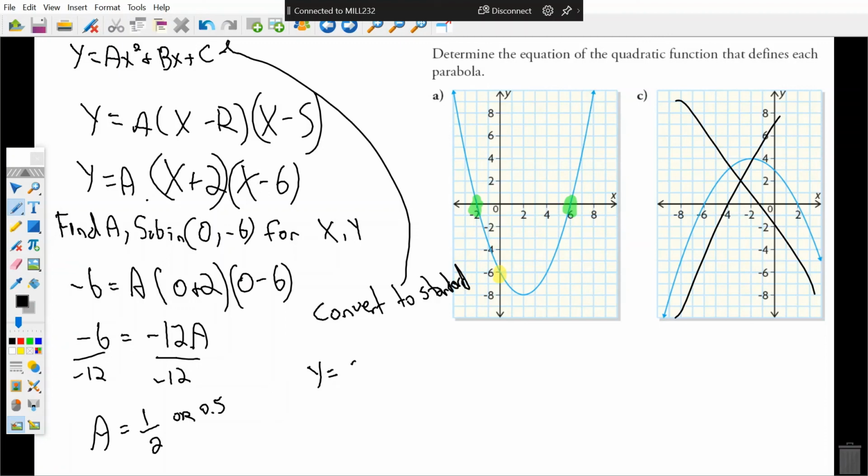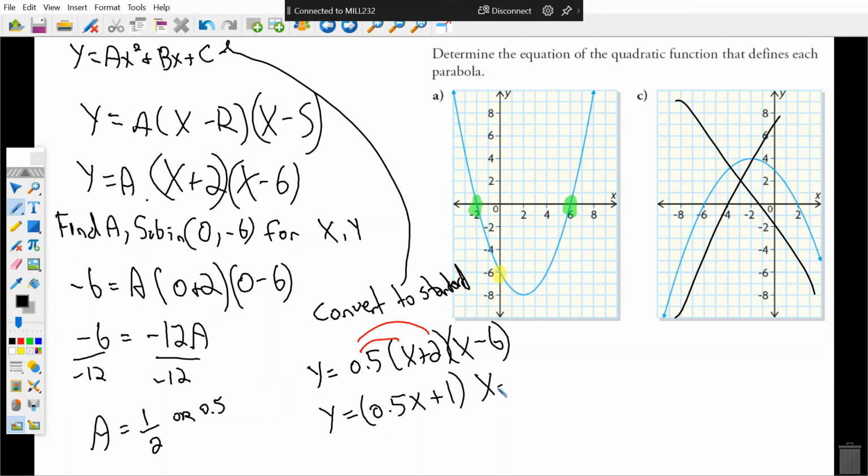A is 0.5 times x plus 2 times x minus 6. Multiply that 0.5 into x and 2, which will give us y equals 0.5x, and 0.5 times 2 is 1. Now we're going to multiply that by the x minus 6.